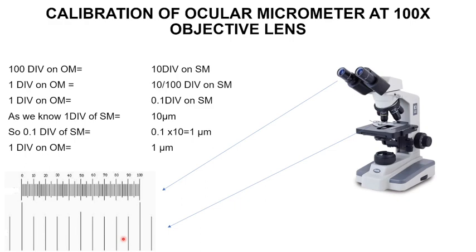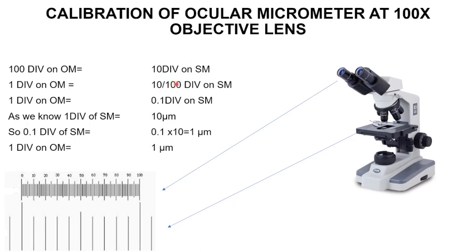By observing the coinciding lines of stage micrometer with ocular micrometer, I can guess that almost 10 divisions on stage micrometer are equivalent to the 100 divisions of ocular micrometer. So 100 divisions on ocular micrometer are equal to 10 divisions on stage micrometer.